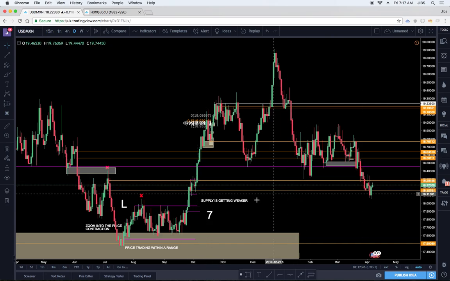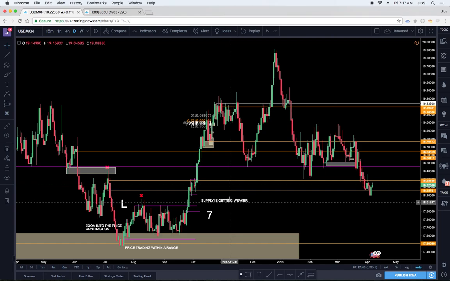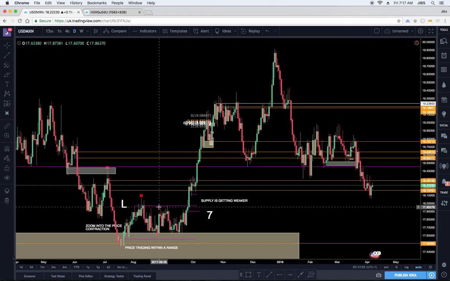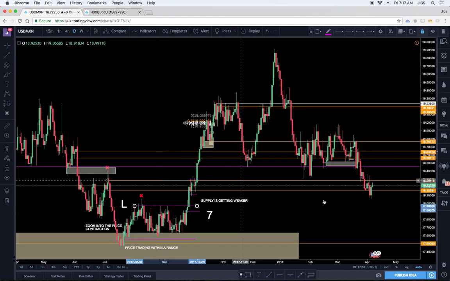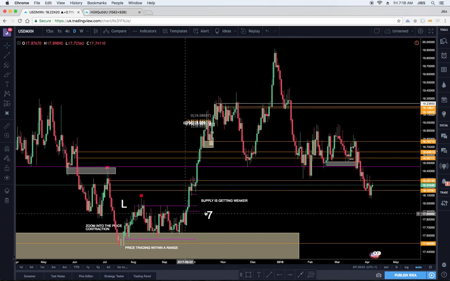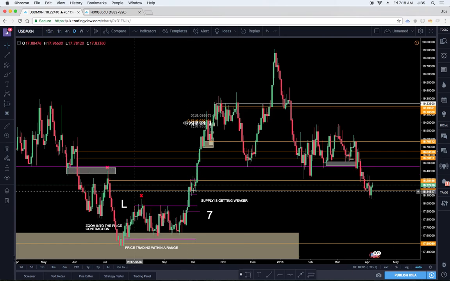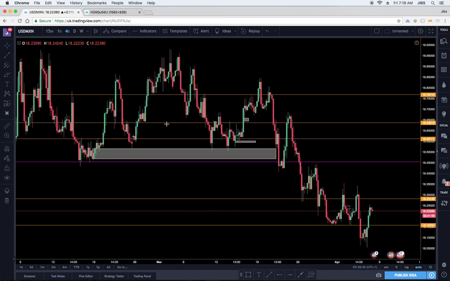Where I'm looking to be net long and just reload a lot of longs is in this zone here. So this level here, which is just say under 18 cents, and then obviously this daily block here. So this level here and this contraction, go on the 4 hours, see if it's clearer.